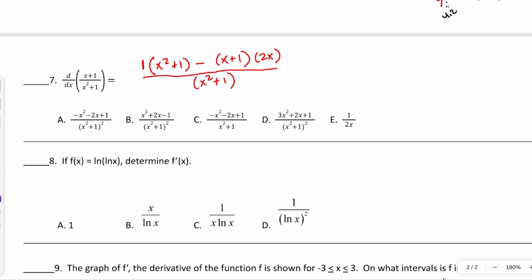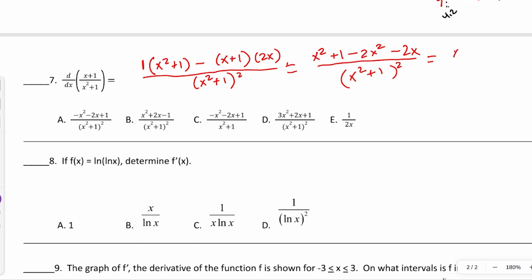So it looks like, unless there's some factoring shenanigans that are going to happen, we're just going to simplify this and hopefully we see our answer choice. So the numerator is x squared plus 1 minus 2x squared minus 2x over x squared plus 1, oops, I forgot the squared, my bad.